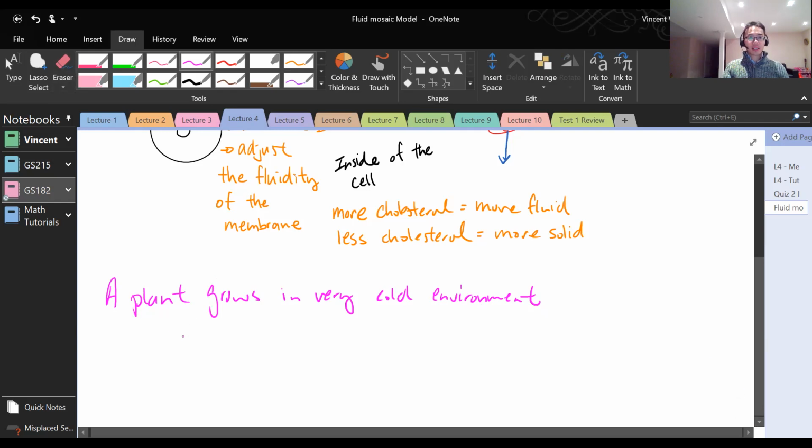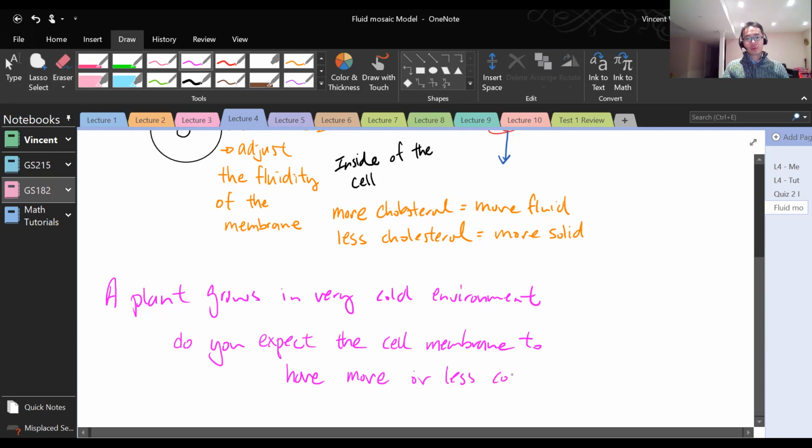Do you expect the cell membrane to have more or less cholesterol?